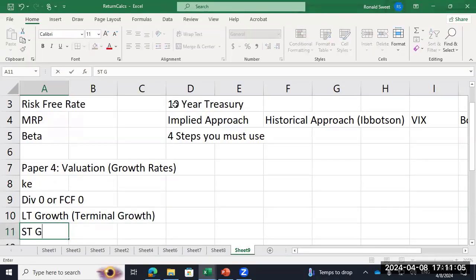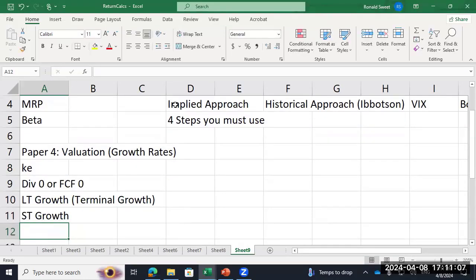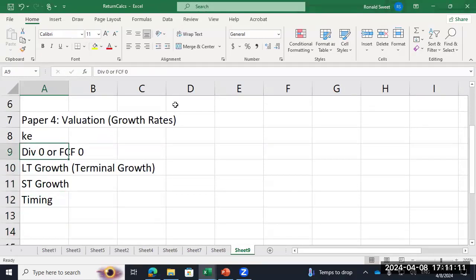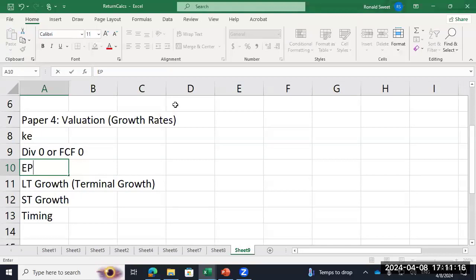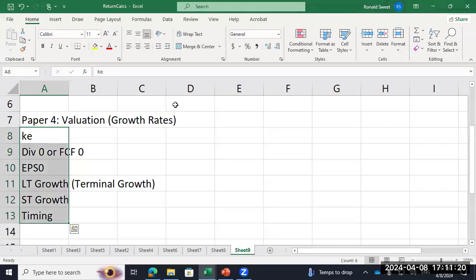You need short-term growth. You need your timing. And because I'm going to give you one extra model, you also need earnings per share 0. You need those, that's your input. So your paper 4 is coming up with those numbers.